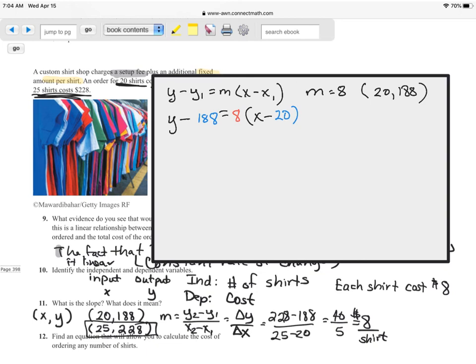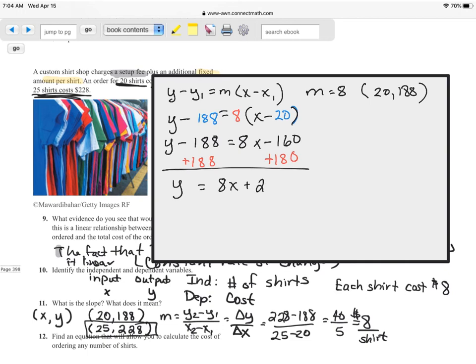And then we're going to solve this and put it in slope-intercept form. So I have y minus 188 equals 8x minus 160. And then I will add 188 to both sides to solve for y and put it in slope-intercept form. So I have y equals 8x plus 28, which is what I had before.